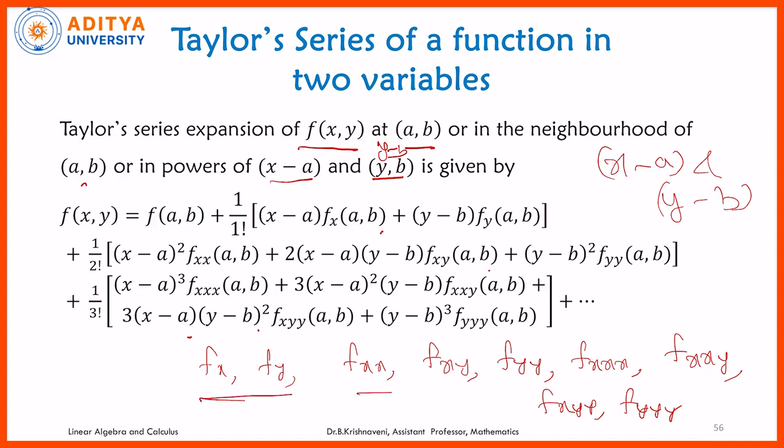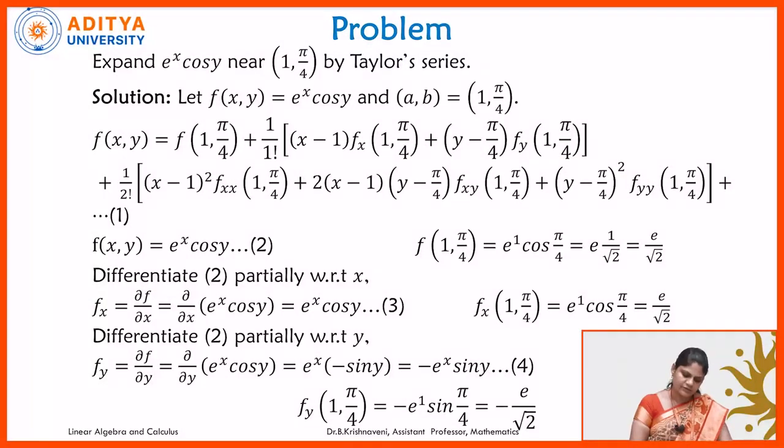The first two are first order partial derivatives, the next three are second order partial derivatives, and the remaining are third order partial derivatives. Now we'll discuss the same by taking a question.